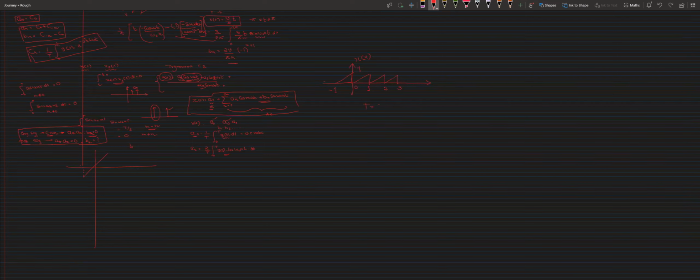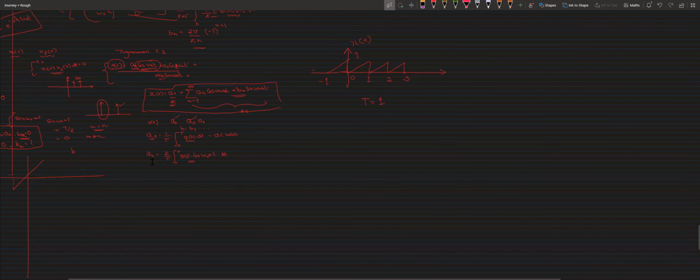T equals 1, right? I have also given you the expression for finding Cn. Here we just have to find the Cn, and from the Cn we have to find the trigonometric Fourier series. First you find the exponential Fourier series, then from there try to find the trigonometric Fourier series.